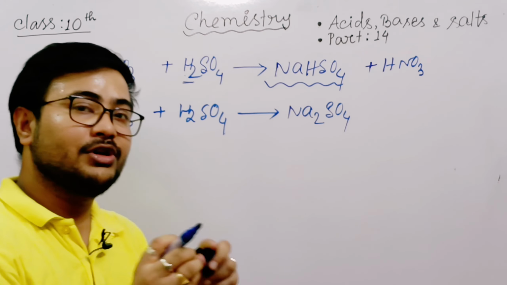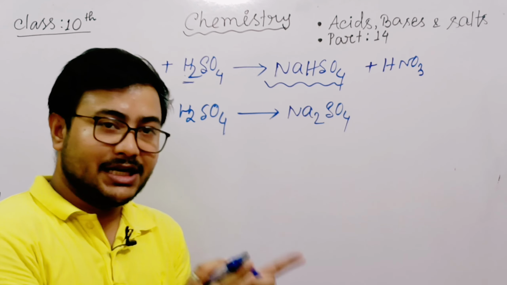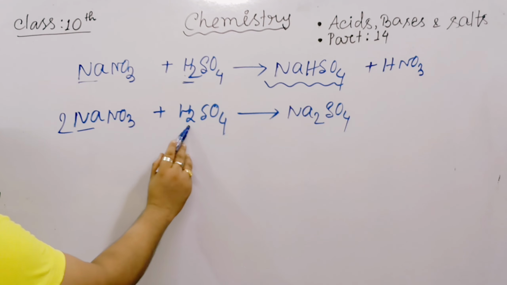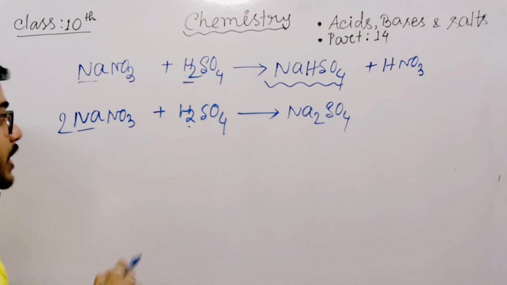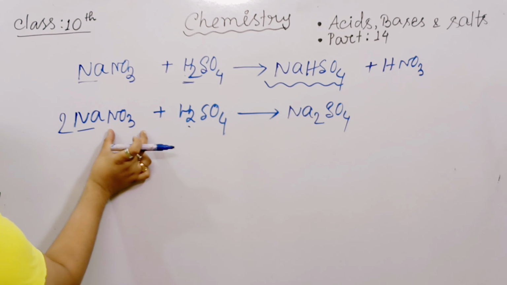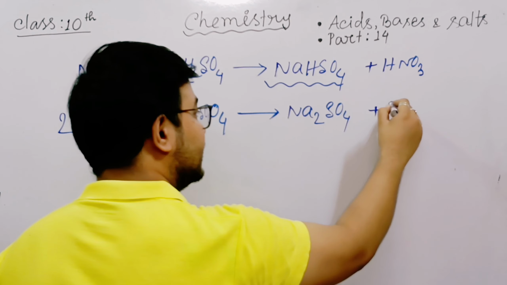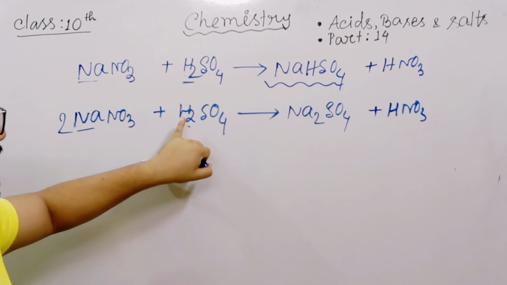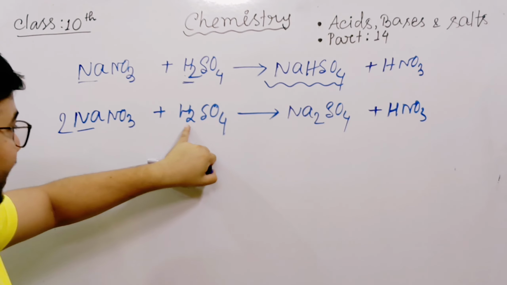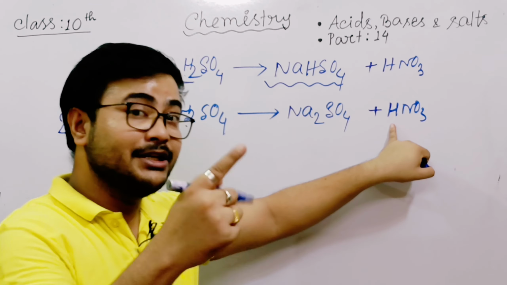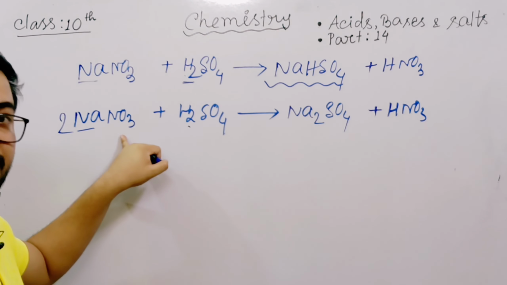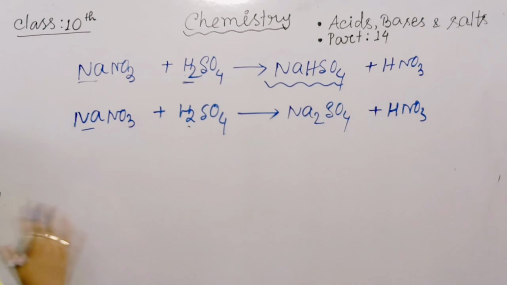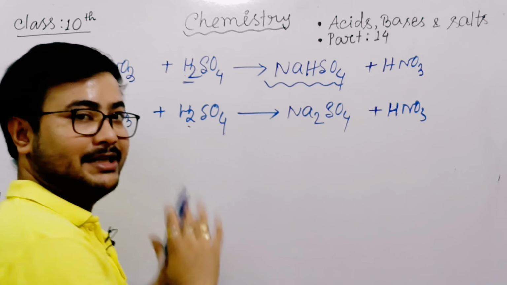So first don't worry about balancing, just form the reaction first and complete it. So sodium displaces these 2 hydrogens, giving Na2SO4, and here NO3, so again HNO3. Again, don't consider it as H2NO3, only 1 H and NO3. You just write down the chemical reaction first, then balance it.